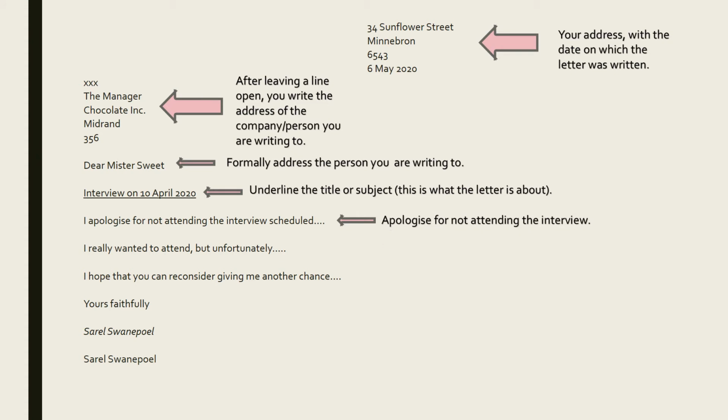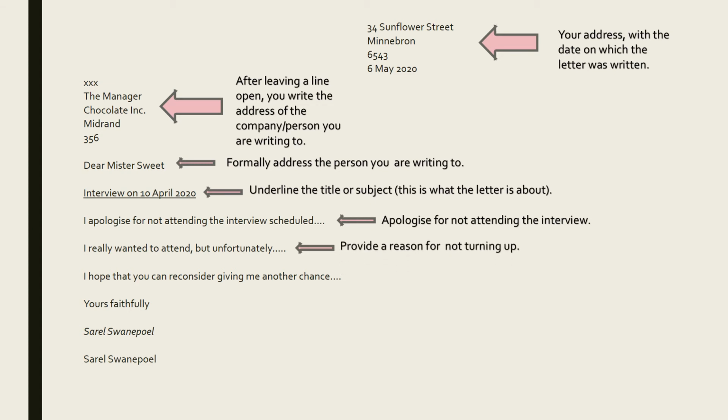After this, again you leave open a line, followed by your introductory paragraph. This is a very short paragraph because you only write down 1 or 2 sentences apologizing for not attending the interview or for being late for work. After this paragraph, again you leave open a line, followed by the body of the letter.